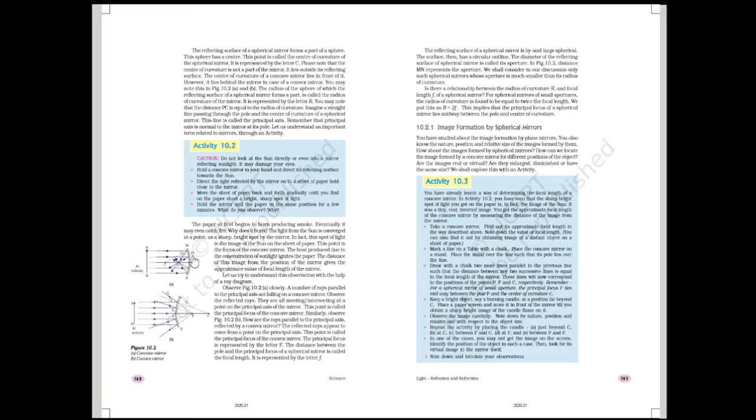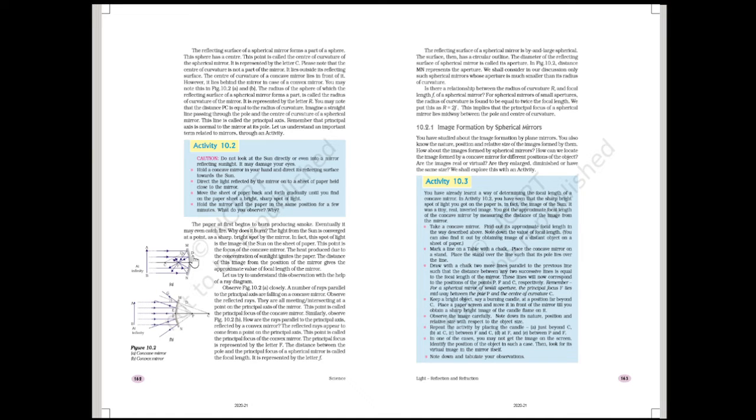Now, such spherical mirrors, whose aperture is much smaller than its radius of curvature, are what we consider in this chapter. Is there any relationship between the radius of curvature and the focal length? Yes.